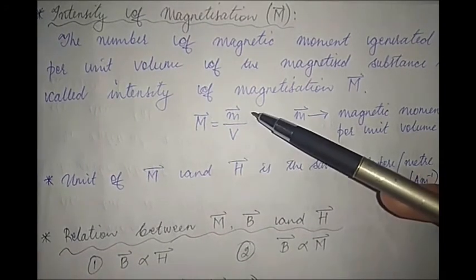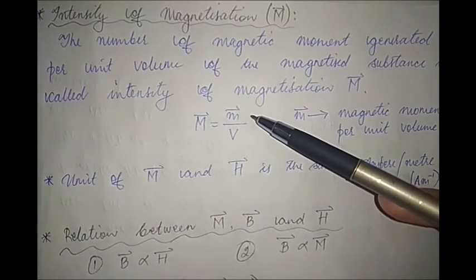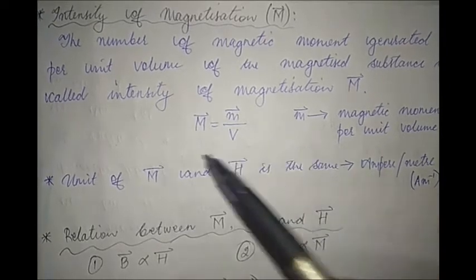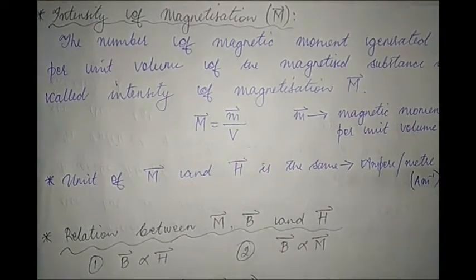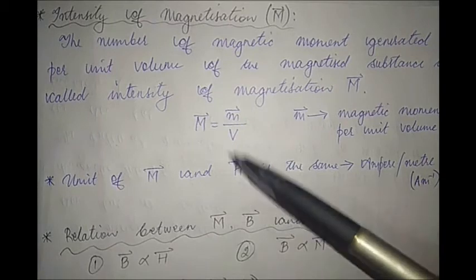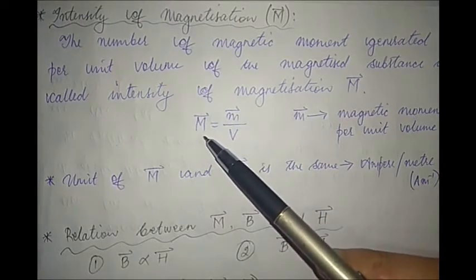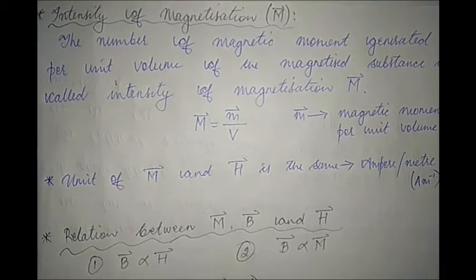The more the dipole moments generated or aligned in a particular direction per unit volume, the more will be the intensity of magnetization. And mind you, the more the intensity of magnetization, the more will be the magnetic properties induced by the substance. So to say, more will be the magnetic induction.